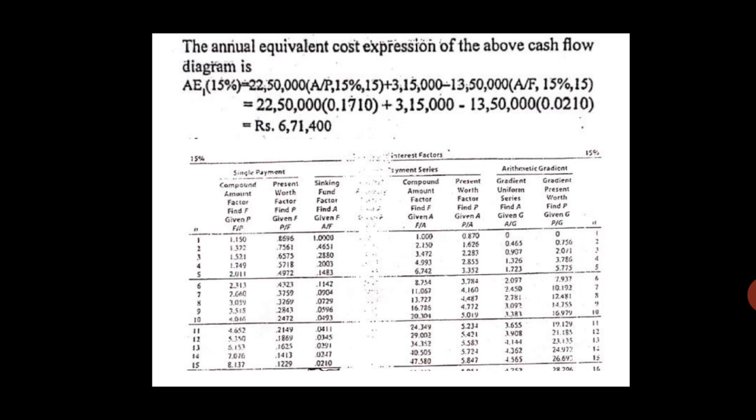Now I am going to find the equivalent amount: A/P at the rate of 15% interest for 15 years, plus 3,15,000 rupees, minus 13,50,000 rupees, this is A/F at the rate of 15% interest for 15 years. So what will we get? So now you can see this value.